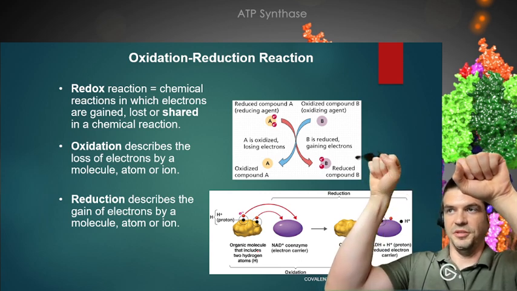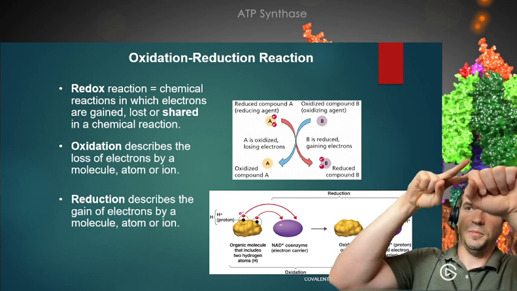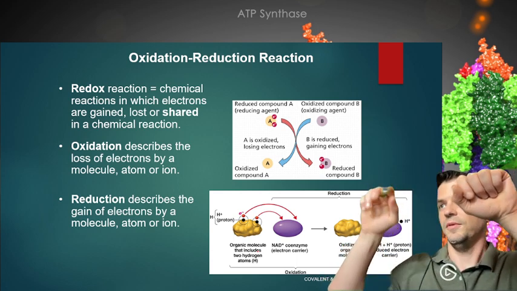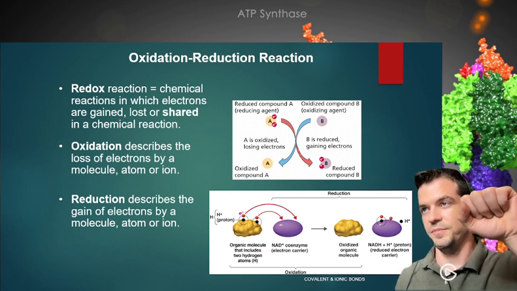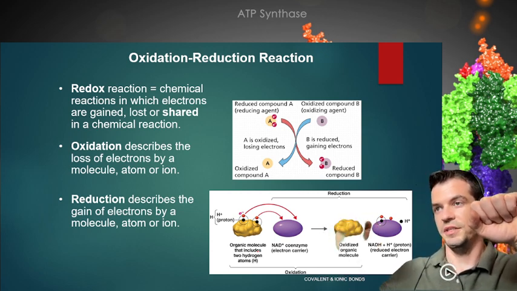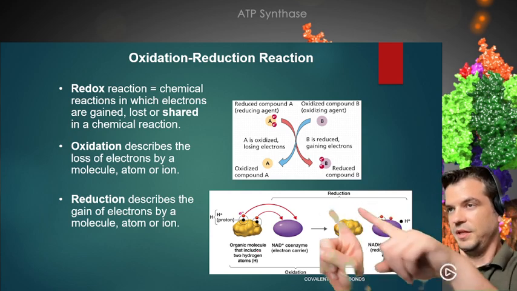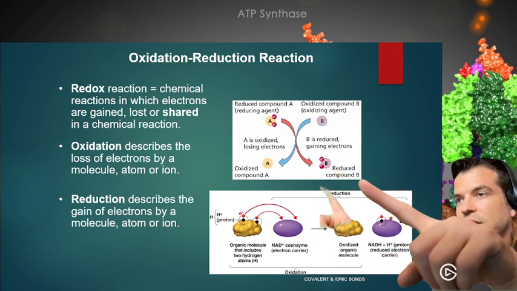The reducing agent here is going to lose its electrons. They're going to come over to here. Okay, and now this one has the electrons, it is now reduced. This one no longer has the electrons, it is now oxidized. Okay, note these terms here. They're the reduced and oxidized compounds.